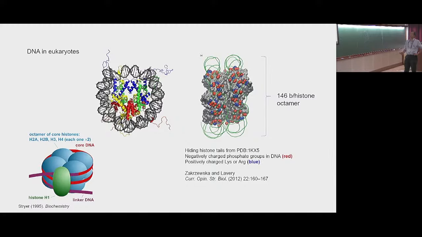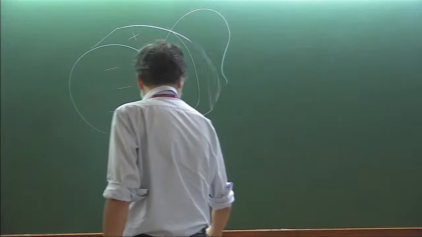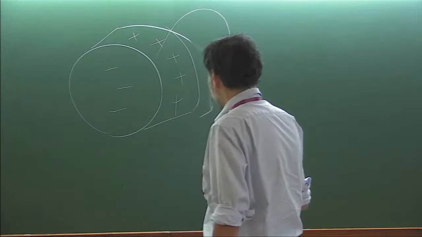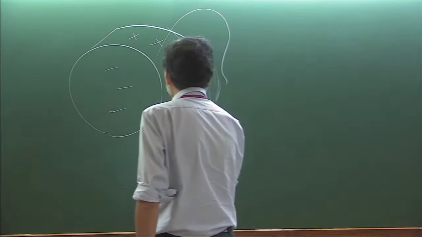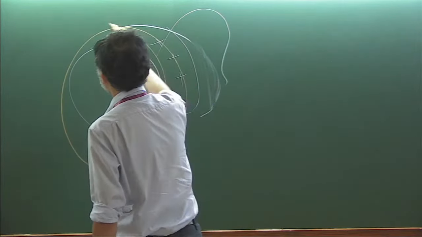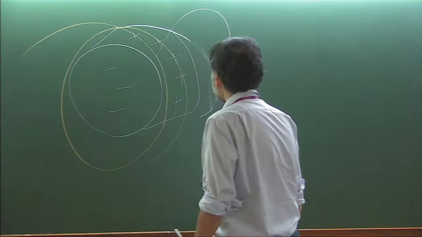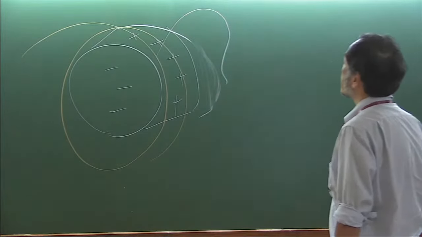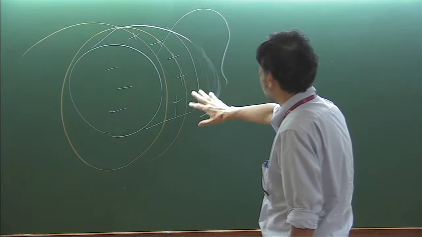Many lysine residues are contained. So these positively charged tails usually wrap, entangled around DNA, interacting with the negative charge of the DNA.